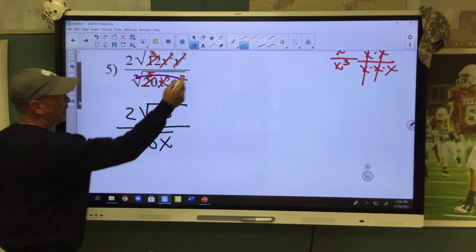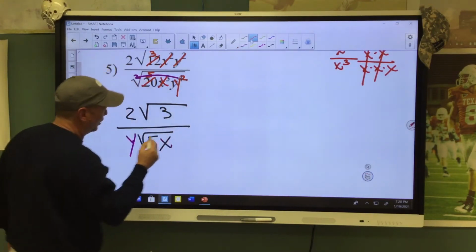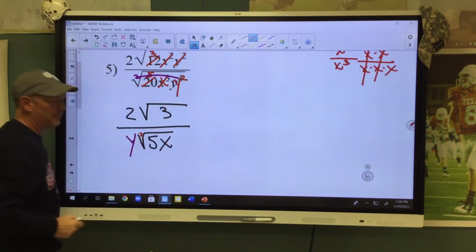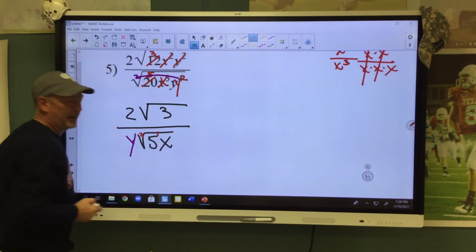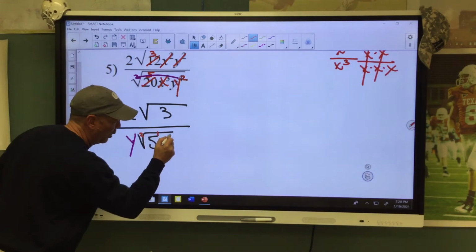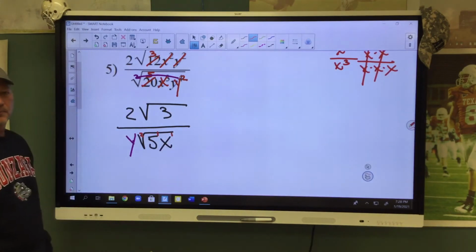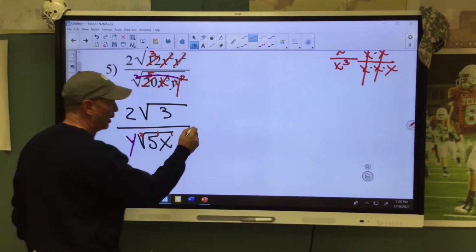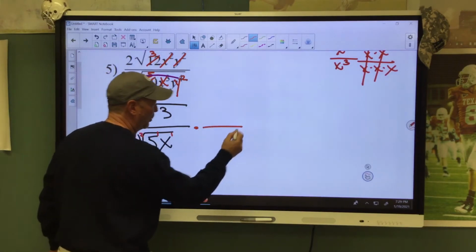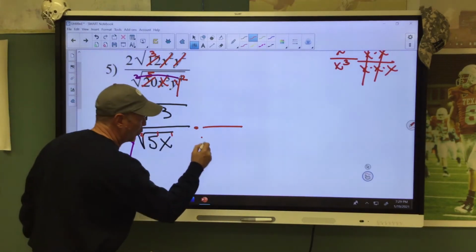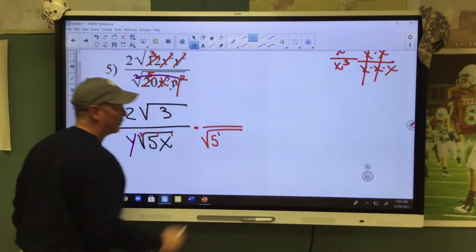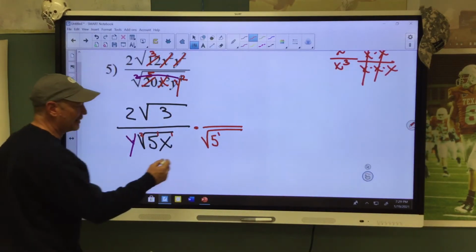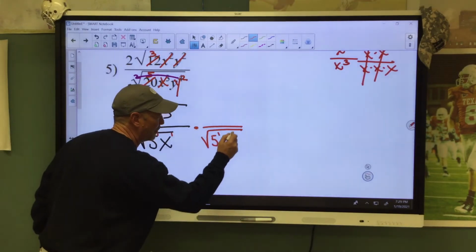So there is an invisible little 2 sitting right here, and an invisible 1 as an exponent right there. So when I multiply, I'm going to multiply times the square root of 5 to the first power, x to the first power.